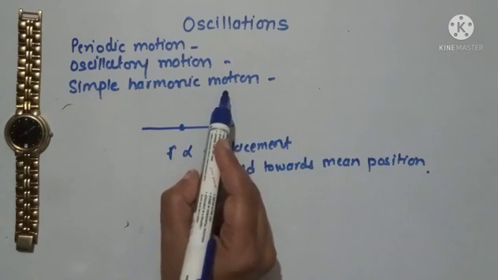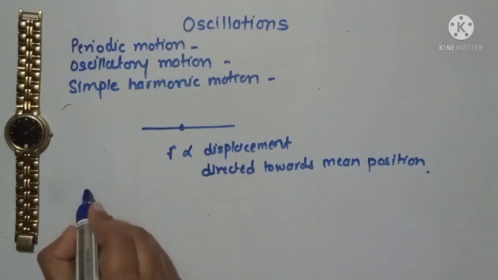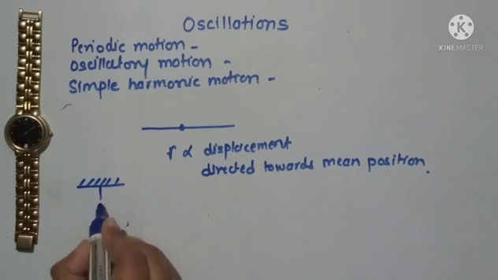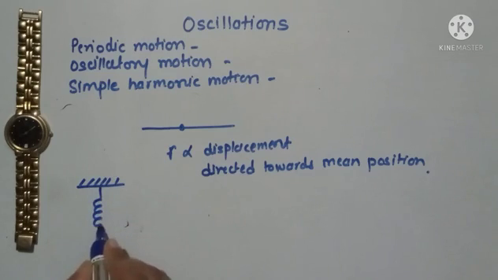For example, suppose there is a spring attached to a rigid support, and some mass m is suspended from the spring, and I apply some force and pull this spring downward.